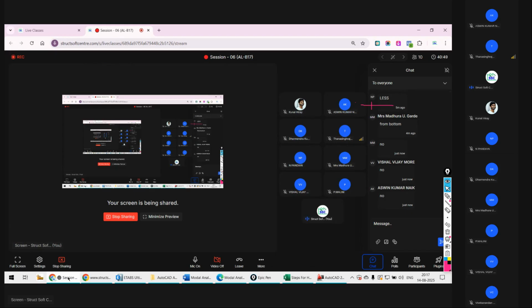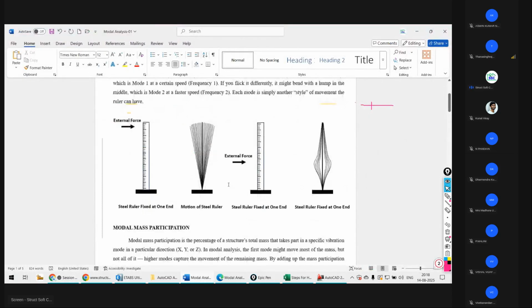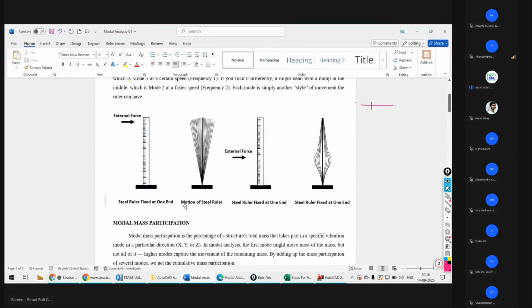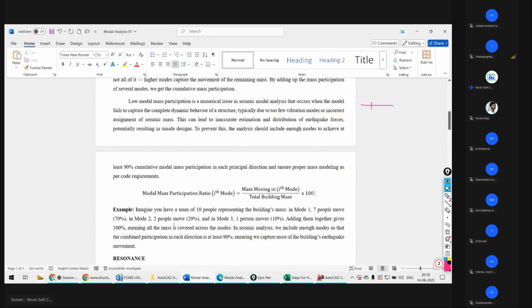So in the same way, in modal analysis, we have to consider multiple modes, up to a level till the addition of all considered modes becomes at least 90% मास पार्टिसिपेशन. कब तक कंसिडर करना है? जब तक 90% मास पार्टिसिपेशन समेशन ना हो जाए.